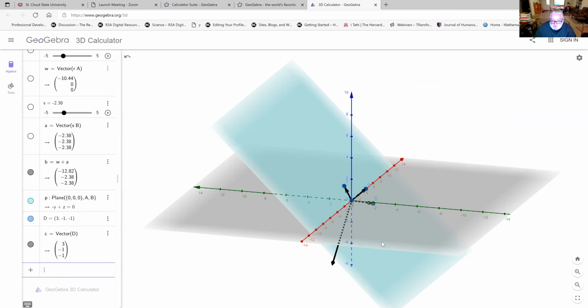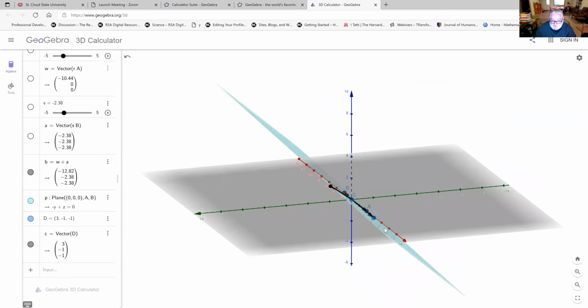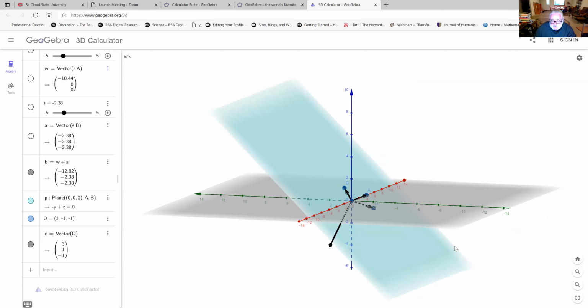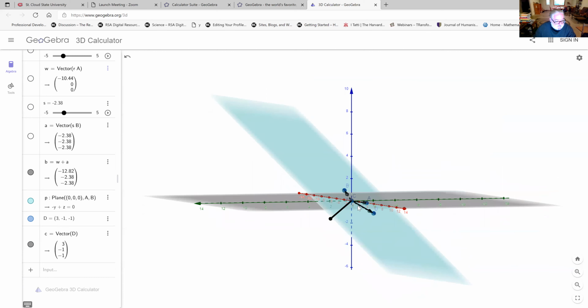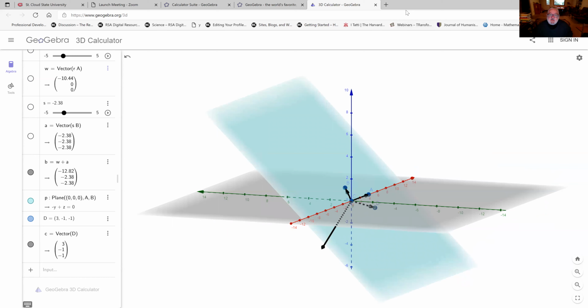That's that vector there. This vector D right here. If you see that vector actually lies on this plane as well. So the vector 3 minus 1 is a linear combination of A and B, and so is included in the span. And the fourth vector, which was 11 minus 5, also lies on this plane.